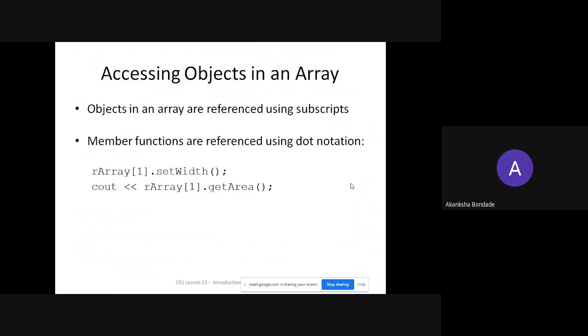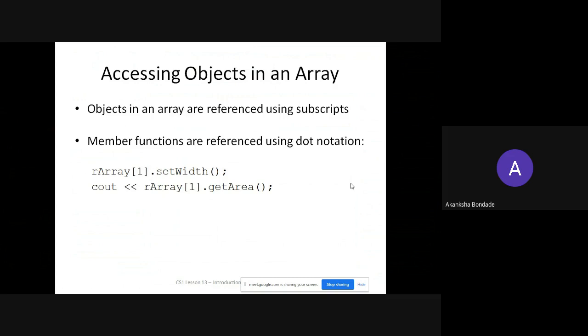How do we access the objects of an array? Objects in an array are referenced using the subscript. If we are creating a single object without using an array, we use the object, then the dot operator, the function name and a semicolon. This is just a normal function call.